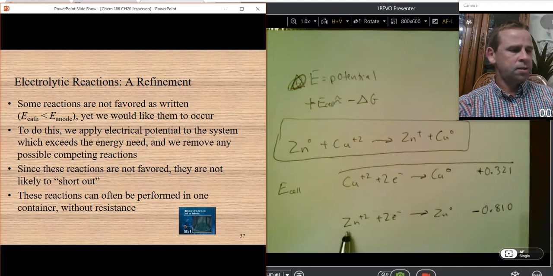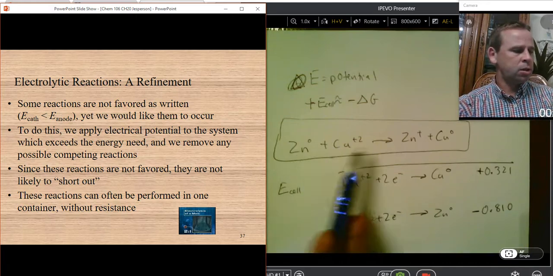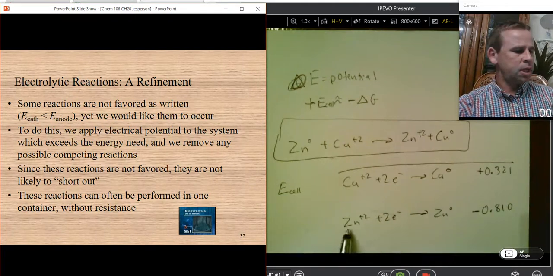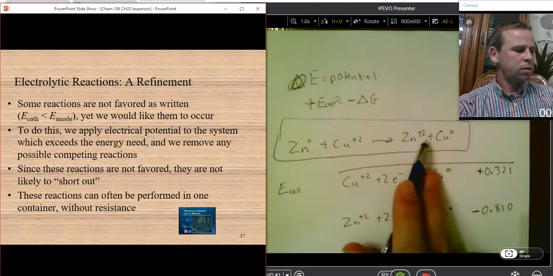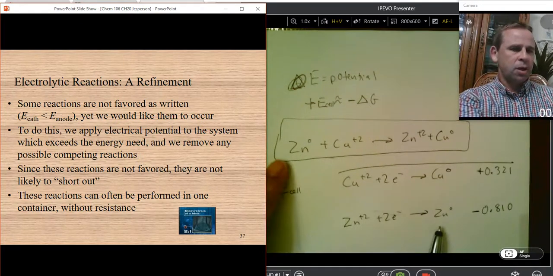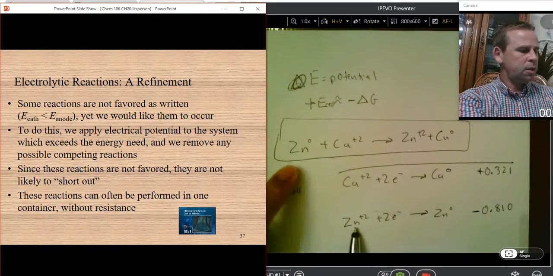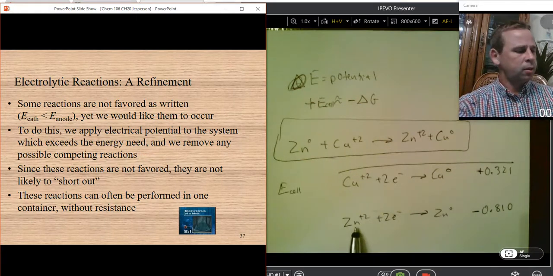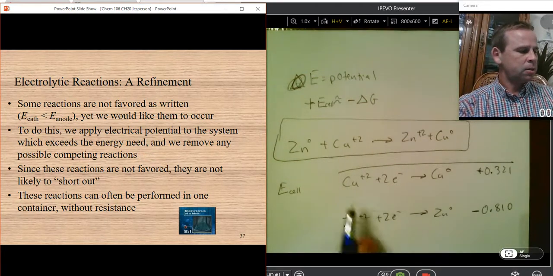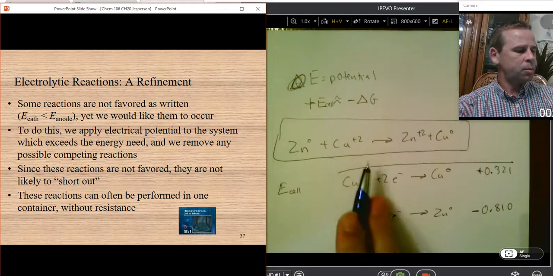We can see that this zinc one here, 2 electrons, whoops, this needs to be a +2 up here, 2 electrons going onto the zinc 2+ ion. This isn't what's happening in this reaction. Actually, the reverse is happening: we have zinc metal giving up 2 electrons to form zinc ion. So this is not the one that is happening in this reaction. However, the reverse is happening.